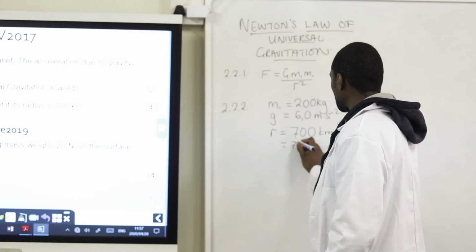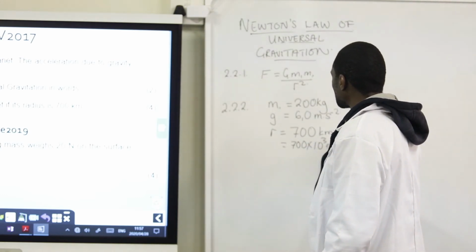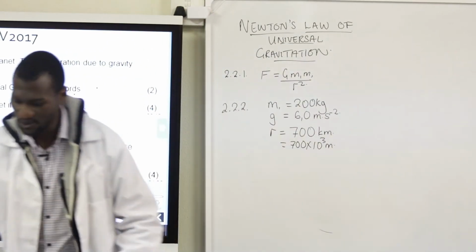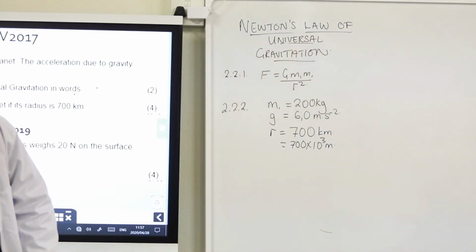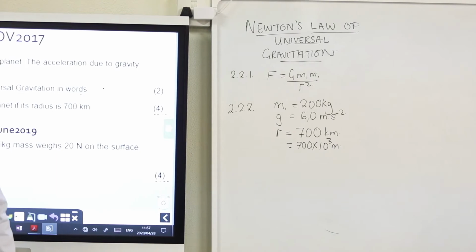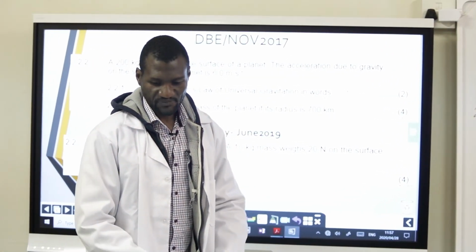So that should be 700 times 10 to the power of 3 meters. Your conversion must come naturally to you. You must know how to convert meters to kilometers, how to convert kilometers to meters.